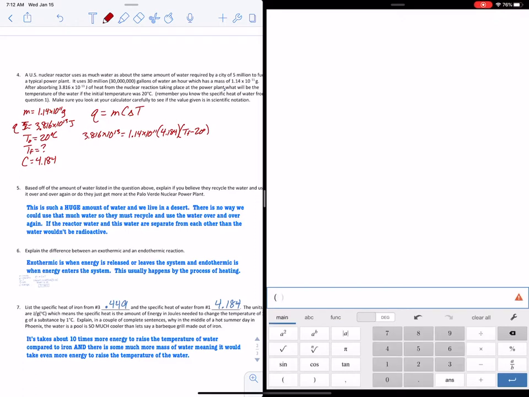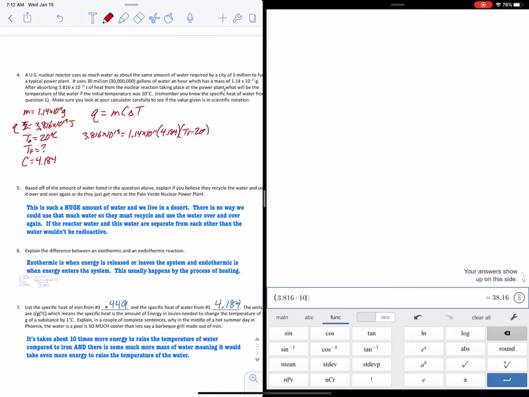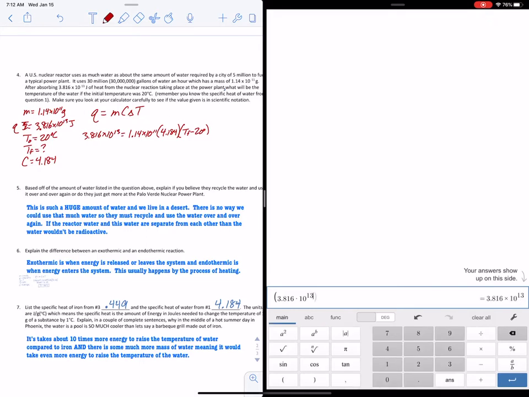So I would do 3.816 times 10, and then I have to get to the power of, where is that on this calculator? Maybe here, there we go. To the 13th, and the parentheses, right?